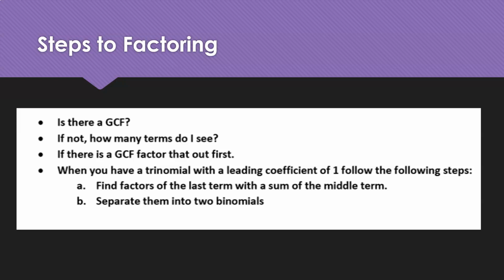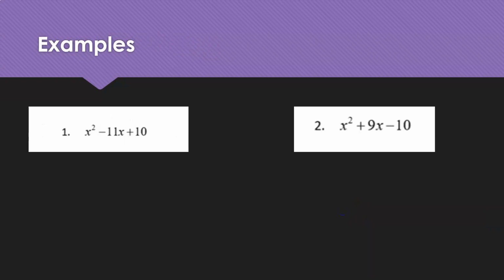When you practice this, you're going to get better at it, but when you first start, it takes a while. So we're looking for factors of 10 that when you add them together equal negative 11. It helps to make a list of factors of 10. So we have 5 and 2, negative 5 and negative 2, but when you add those together, they don't equal negative 11.